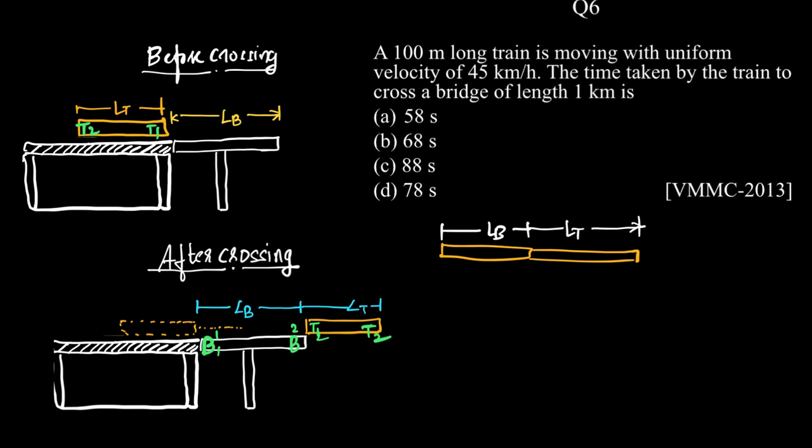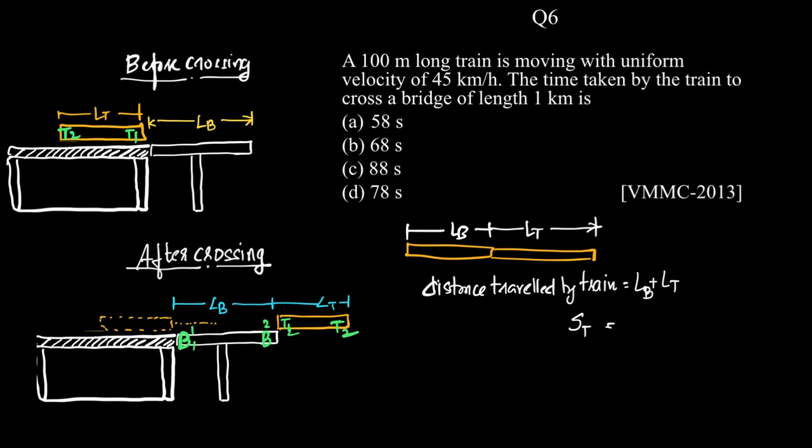In which case, what is distance traveled by the train? Distance traveled by the train would be equal to LB plus LT, right? So I'll write it as S of T is equal to LB plus LT.